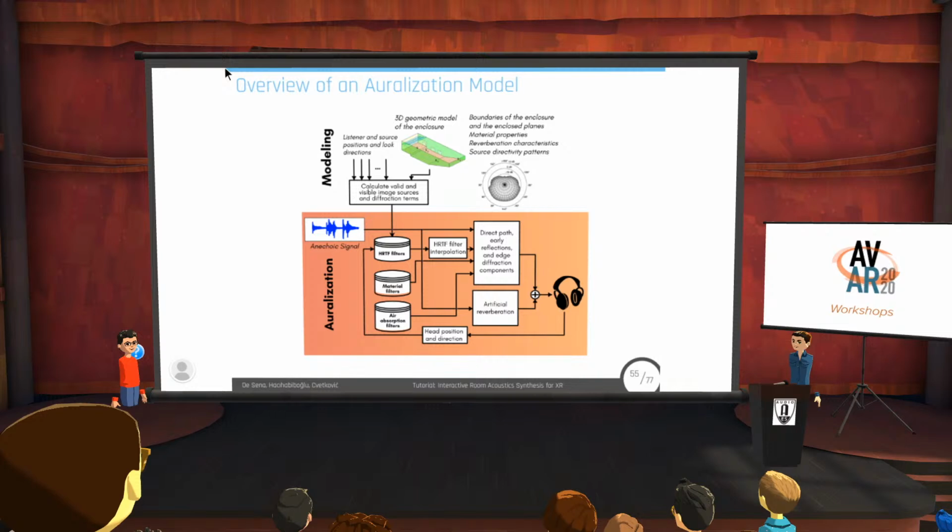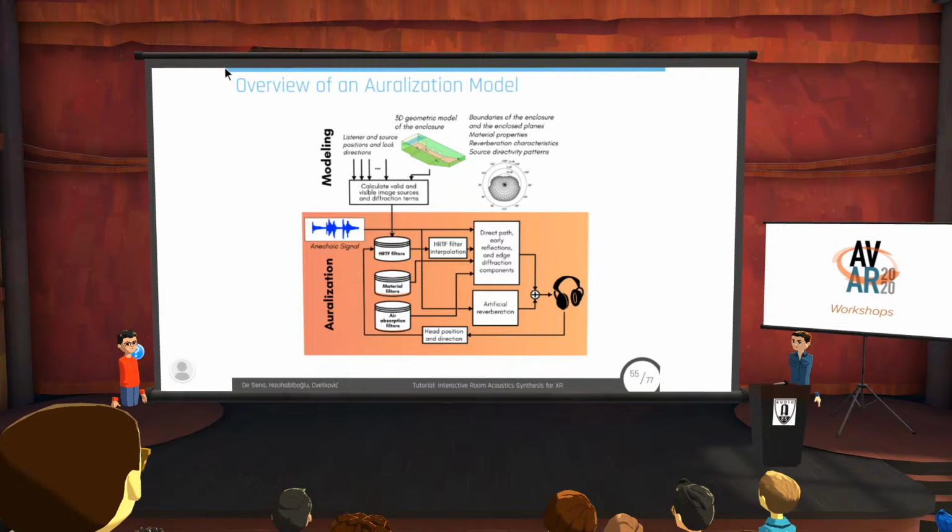So with modeling, what you do is you calculate valid and visible image sources and diffraction terms, and then you use an anechoic signal and process that anechoic signal with HRTF filters, material filters, air absorption filters, and carry out interpolation on HRTF filters to synthesize direct paths, early reflections, and edge diffraction components. Then again, you add artificial reverberation.